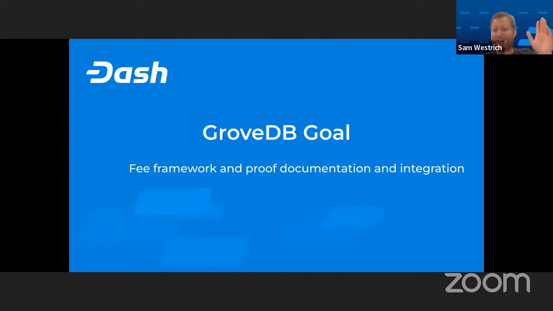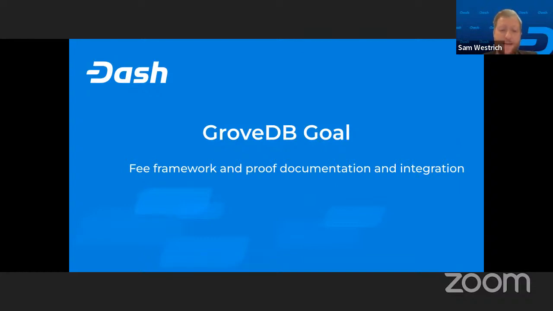Samuel Westridge here, CTO of Dash Core Group. The main goal for GroveDB was understanding deletion costs. Deletions are very complicated, and they're what's holding up our fee model right now. We built everything over a few iterations, and deletions were causing an issue.